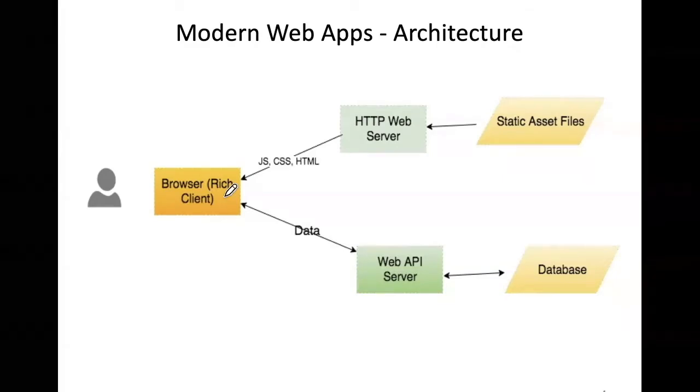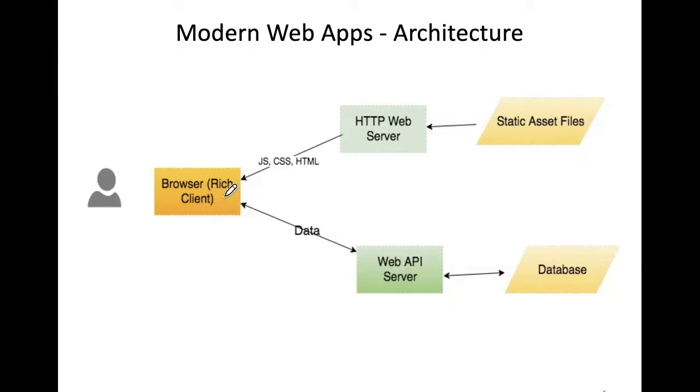That sequence continues: the user interacts, the JavaScript responds to that interaction, perhaps talks to the web API, but will always change what is being presented to the user. So it's the JavaScript that's actually constructing what the user sees.